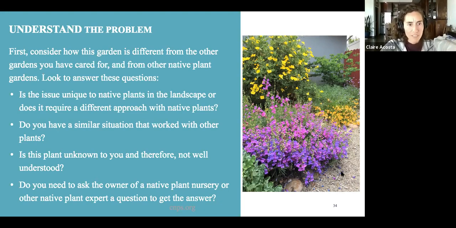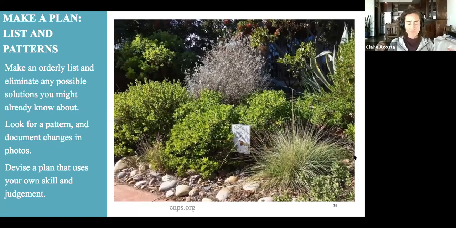So first understand the problem, then make a plan, and usually that's combined with researching, making a list of the issues and then potential solutions, and eliminating solutions you've already tried or already know don't work for this instance.